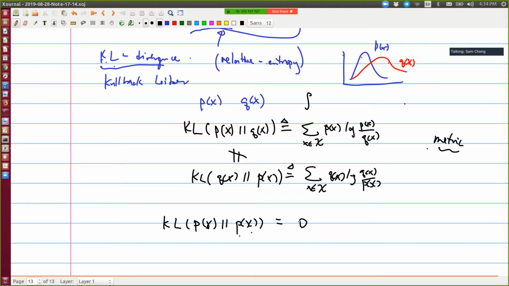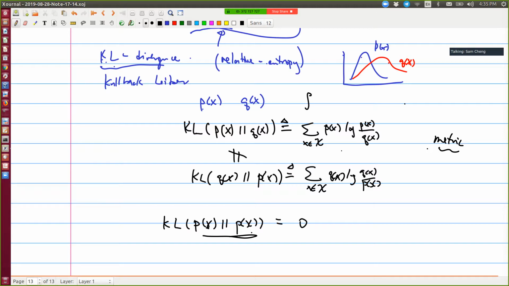That is something I would expect, right? If I'm measuring the distance between something and itself, it should be 0. Of course, this can be easily verified: if both P(x) and Q(x) are the same, then they will just cancel. It will be just log 1, and log 1 is just 0, right? So it's basically 0 everywhere.